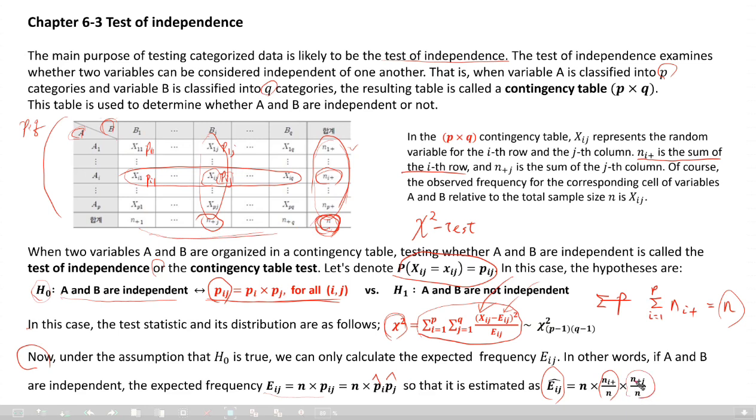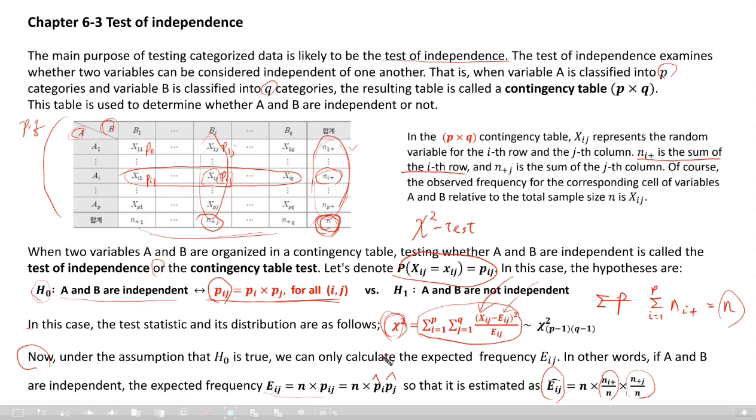So we may get the estimated value of the expected frequency. Then we use this estimated value to get the value of the chi-square test statistic, and we can perform the chi-square test. I'm going to take some examples later for this.